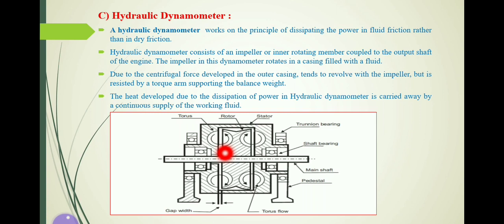That means rotor and stator are not in direct contact with each other. They have some space between them. And that stator is connected using trunnion bearings and shaft bearing. It is completely stationary using these pedestals, so we can say that the stator is continuously steady. It is not going to rotate with the shaft, but the rotor is going to rotate with the shaft.